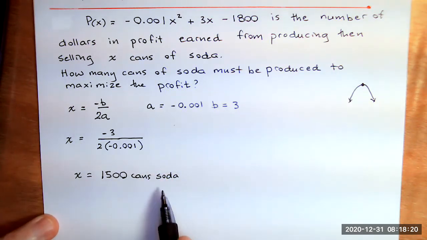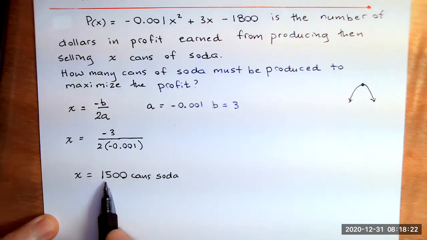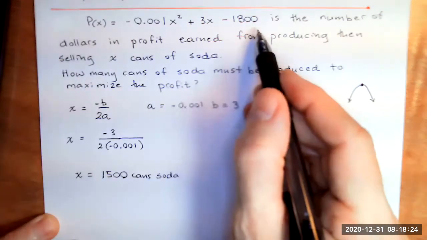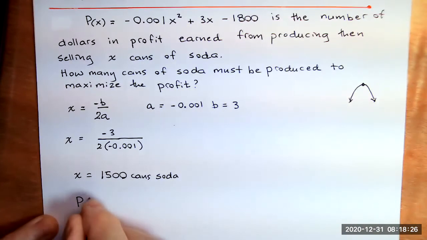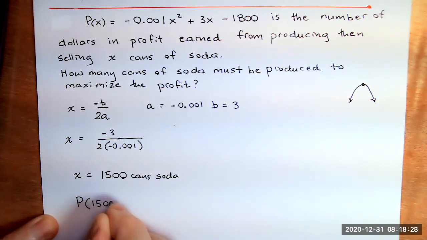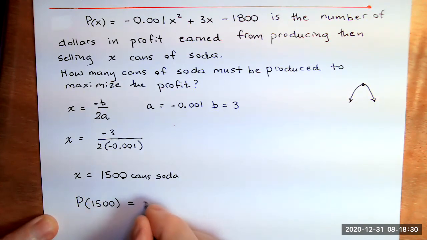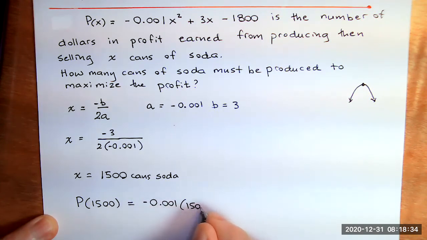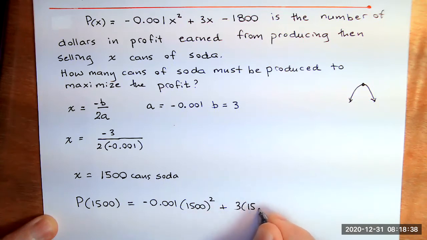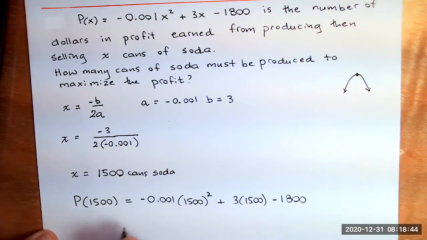In order to find the actual profit, you have to plug 1,500 into the original equation. And we get 450.